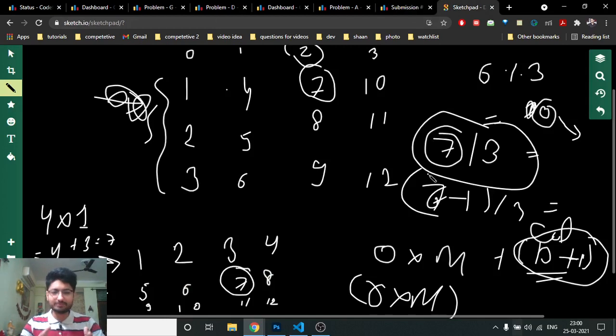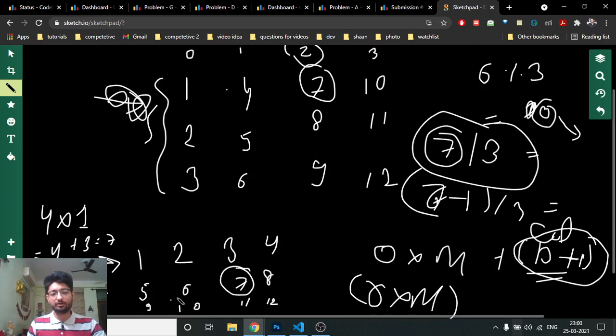If you have some doubts regarding this, you can draw out some test cases so that it will become more clear. You just have to find out the position in the column wise table, and then extrapolate it to the row wise table. Just understand the pattern. Because the numbers are in continuous form 1 2 3 4, that's what I've told you.